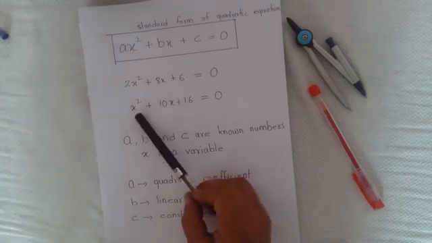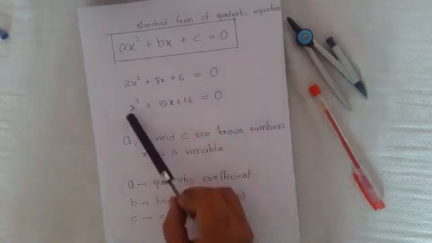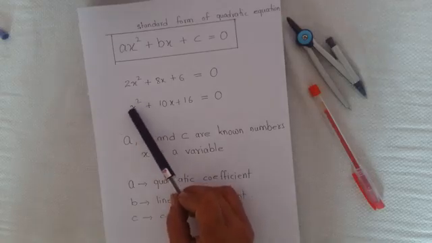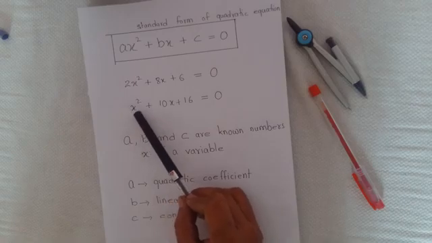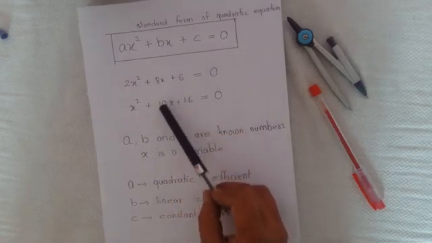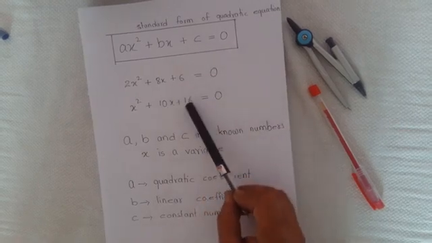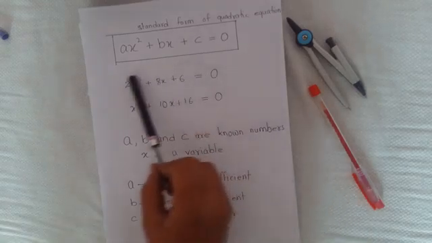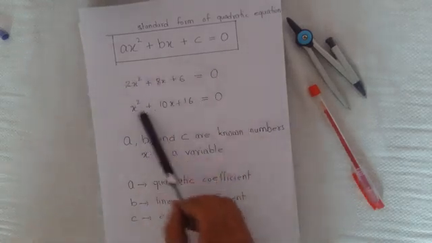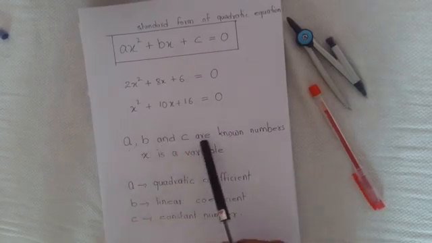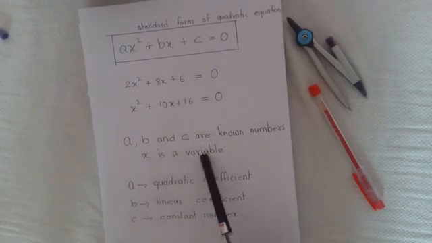Now here in place of a we have 1 because the coefficient of x square is 1, and in place of b we have 10, in place of c we have 16. So this form of equation is called the standard form of a quadratic equation. And as I told you before, a, b and c are known numbers, x is a variable.